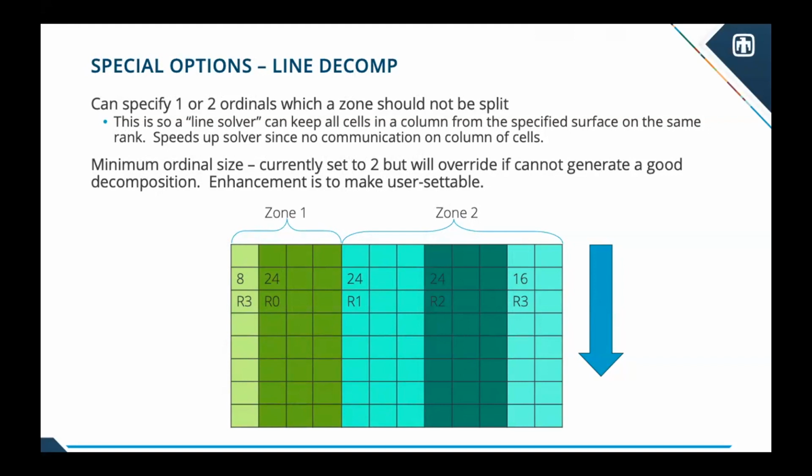Keep all of the cells in a column that are going along a column off of this surface on the same rank. So like this, they said they want that top surface is where my lines of cells are all going to start. And so we just decompose this way such that it makes it much faster.